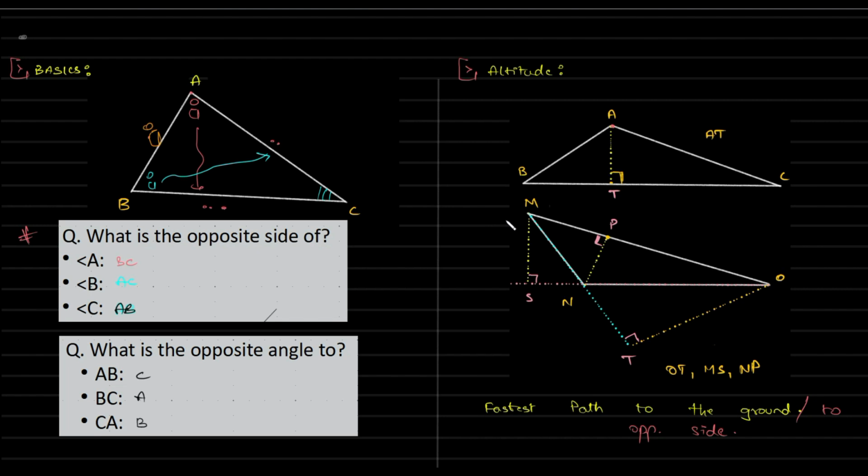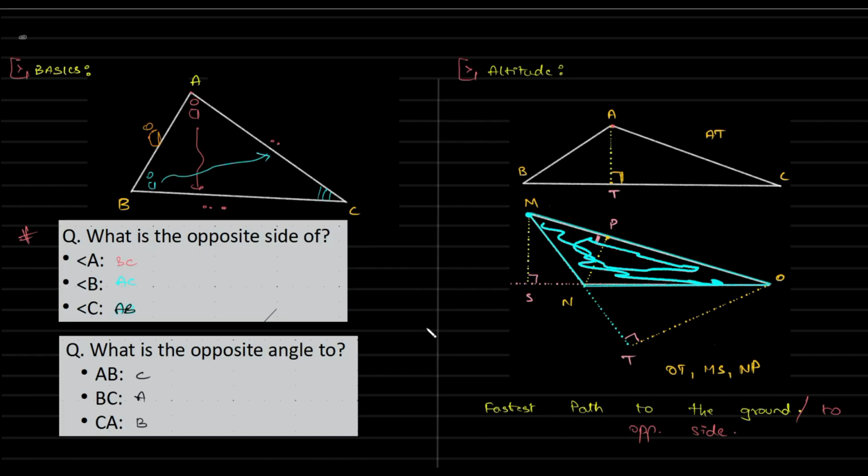Example over here, triangle MNO. So this is the triangle. So this blue color thing is your triangle. But clearly we can see that the altitude from M is not touching the opposite side.